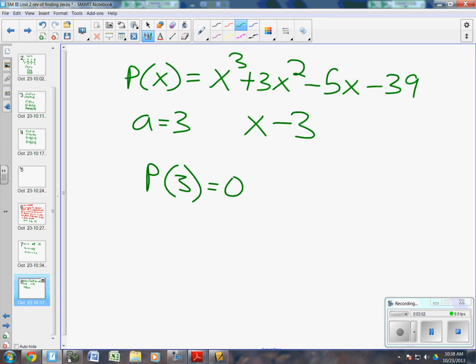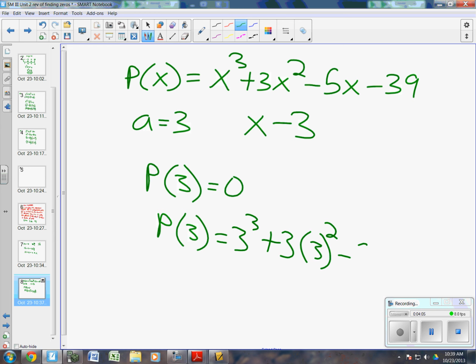Shall we check it out to see if it works? P of 3. What does P of 3 mean to do? Yep. So I go right here. 3 cubed plus 3 times 3 squared minus 5 times 3 minus 39.